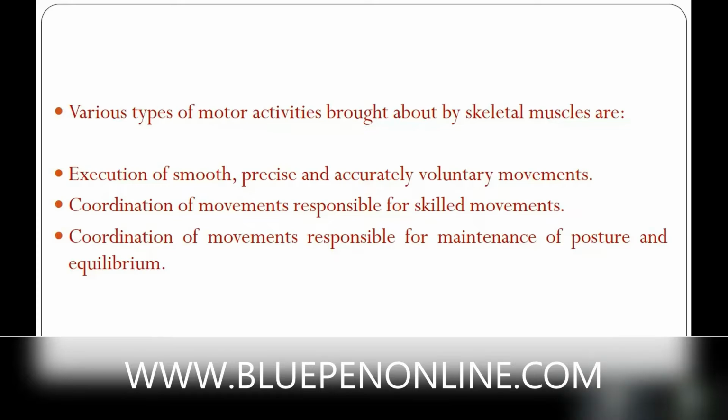It's called the drunken gait, which is seen mostly in cerebellar disease or cerebellar ataxia. So it is related to the cerebellum, but what I mean to say is that the coordination of movements, especially related to our posture and equilibrium, is all under the activity of skeletal muscles.